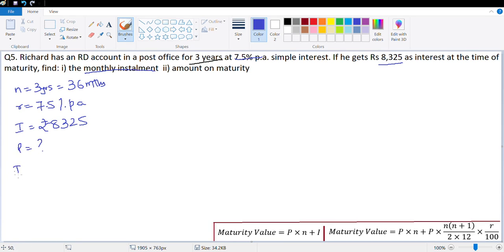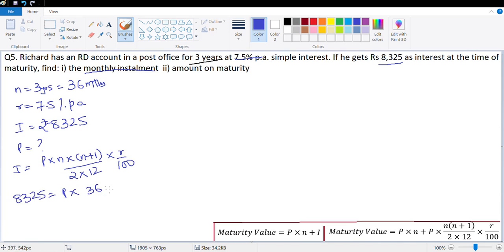We know the formula I is equal to P into n plus 1 upon 2 into 12 into R upon 100. Let's substitute values. When I substitute values, I get I, which is 8325, is equal to P, which we do not know.